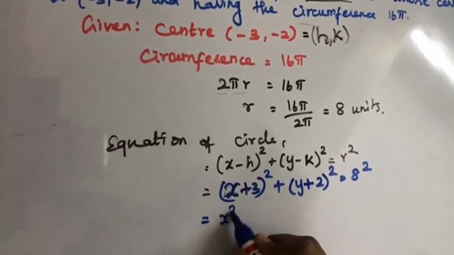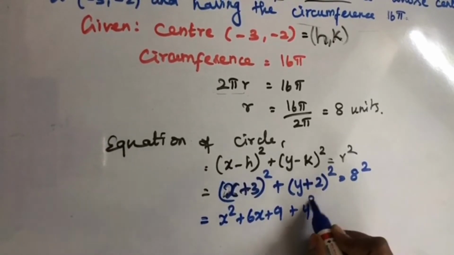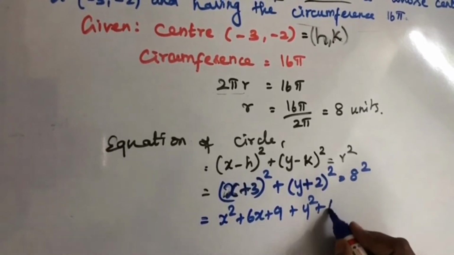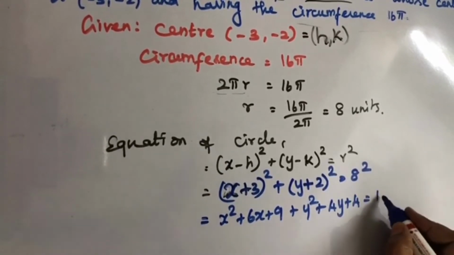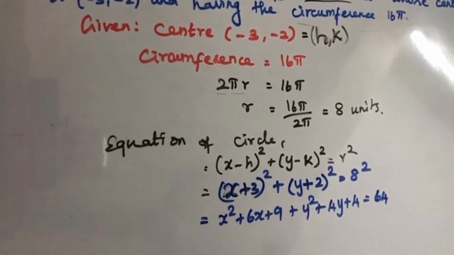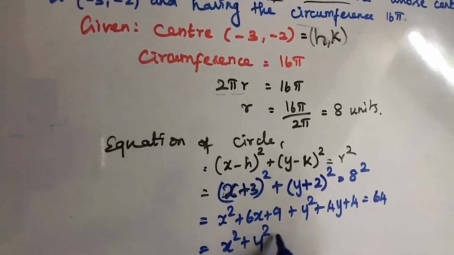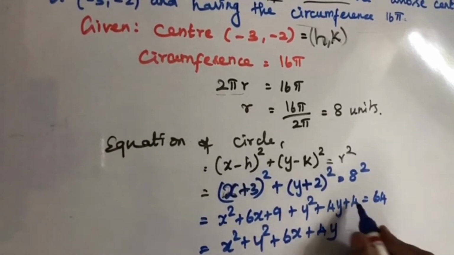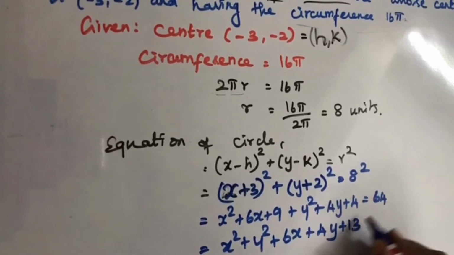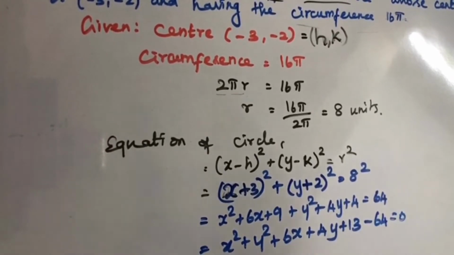So, x square plus 6x plus 9 plus y square plus 4y plus 4 is equal to 8 8s are 64. We can rewrite it as x square plus y square plus 6x plus 4y, 9 plus 4 it is 13 and it is minus 64 is equal to 0.